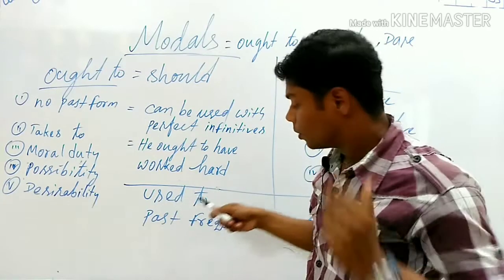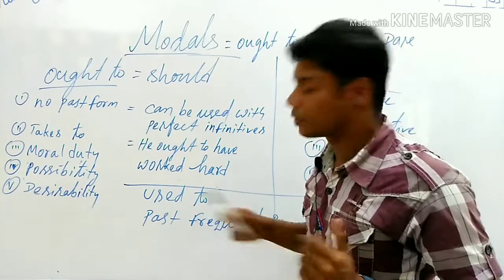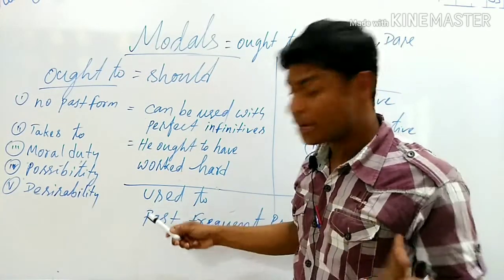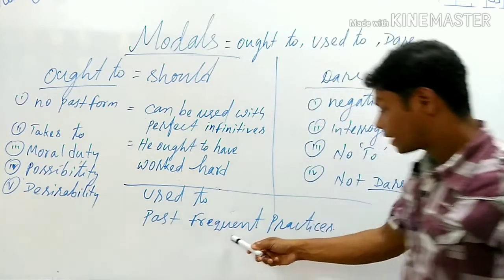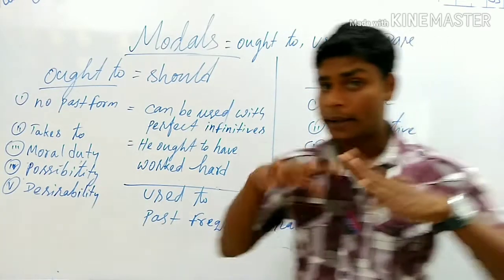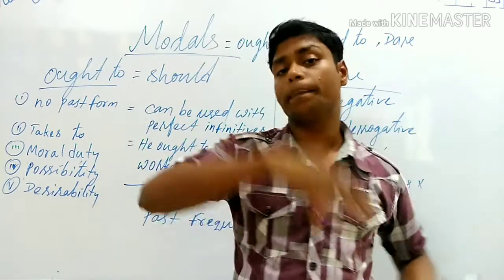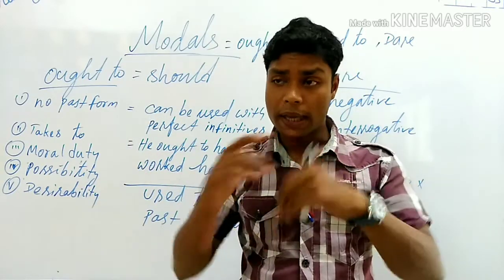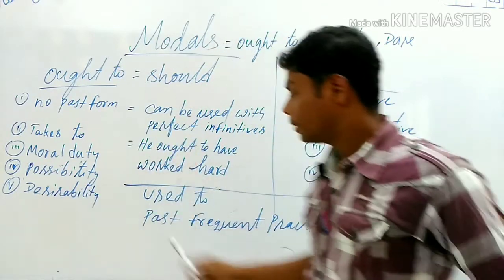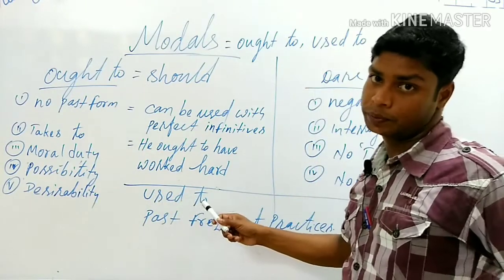Used is also followed by the preposition to. It is stating the past frequent practices, our practices which have been in the past. So in order to express those practices, we use used to.